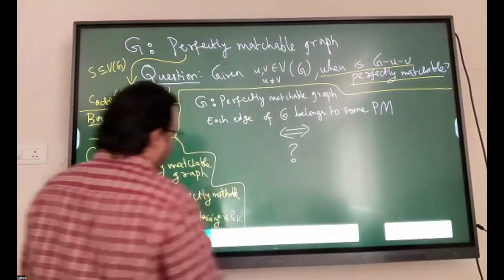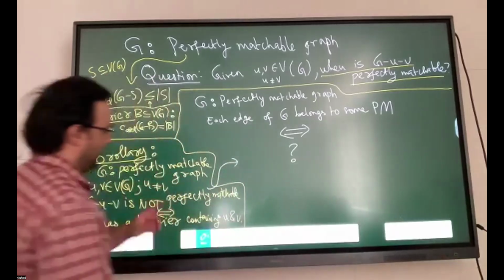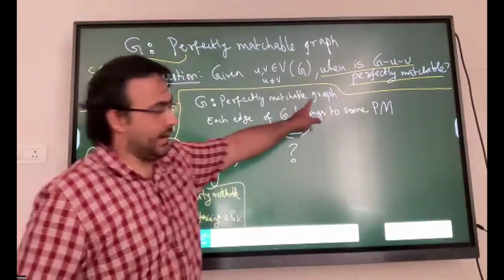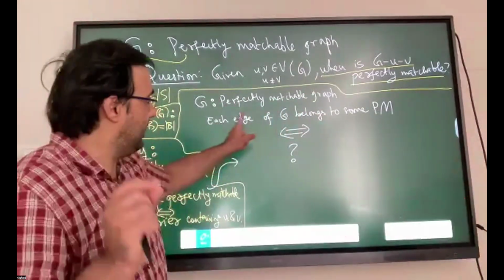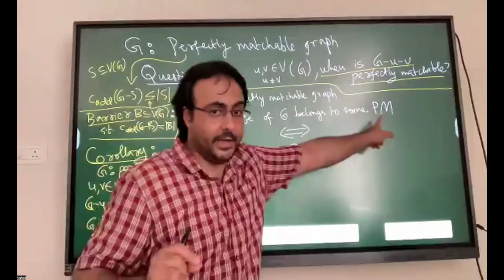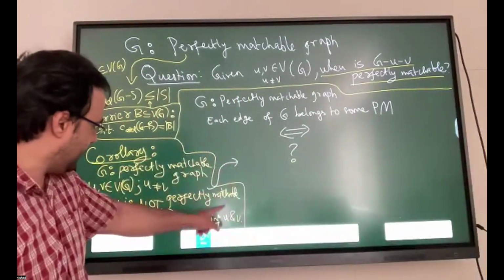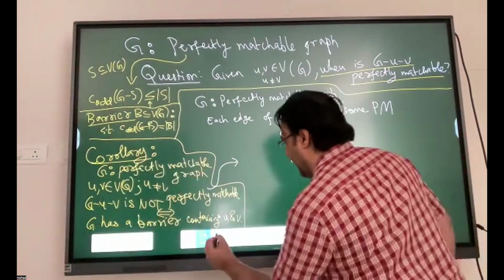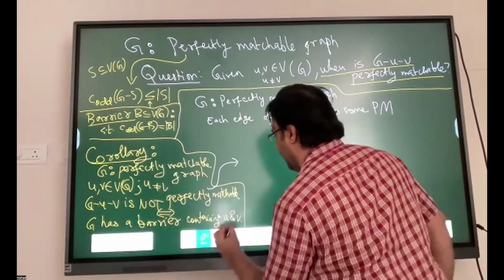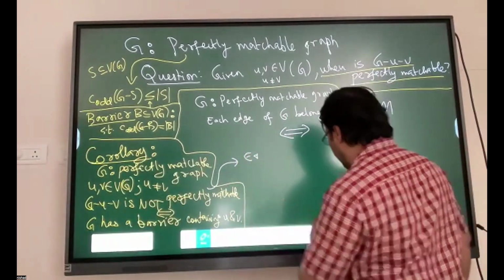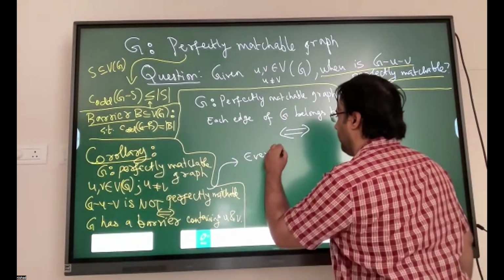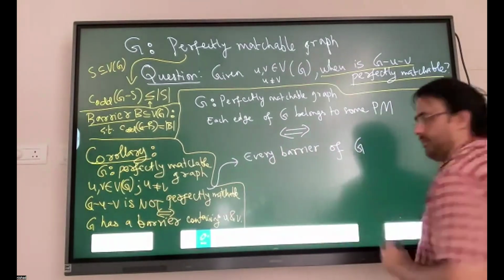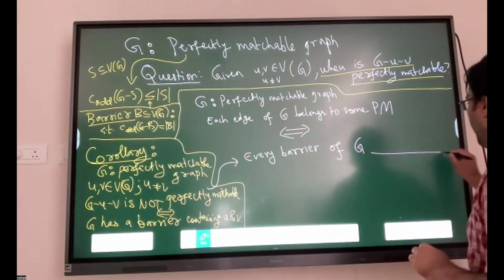I will give you the hint: you can directly come from here. A perfectly matchable graph has the stronger property that every edge belongs to some perfect matching if and only if some statement about barriers. Every barrier of G has some property.